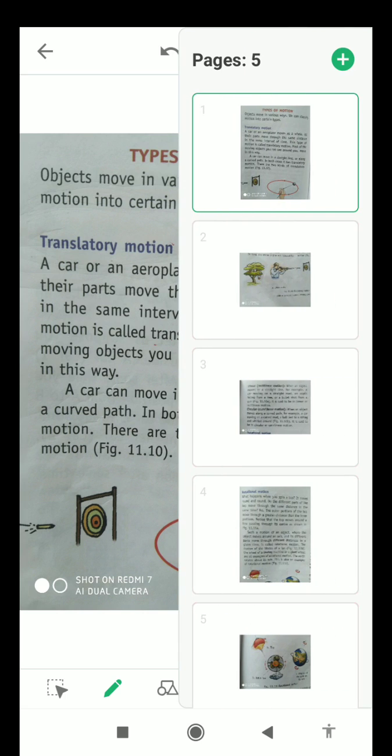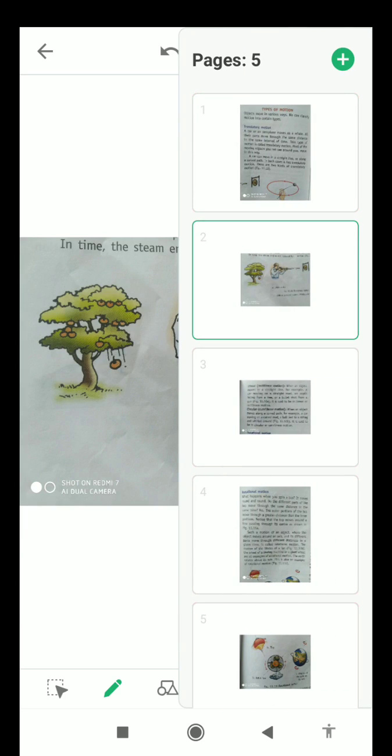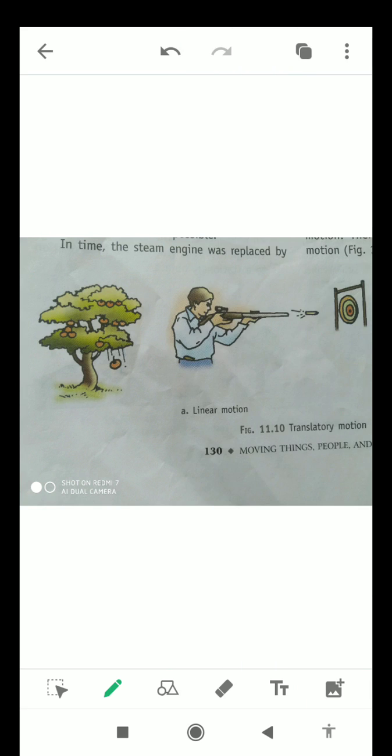So next slide. Before this, I will show you the example. As you can see, one apple is falling from a tree. So this is also an example of translatory motion. Another example, a bullet is coming from a gun. That is also an example of linear or translatory motion.